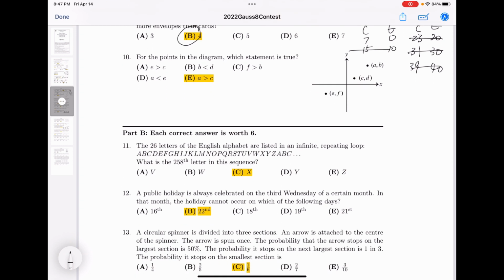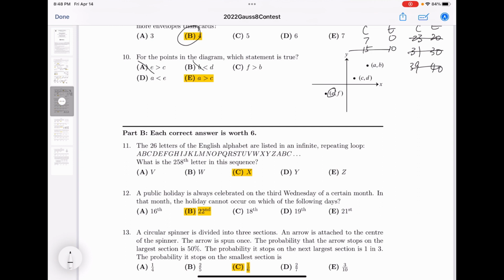Number 10, for the points on the diagram, which statement is true? Okay, let's look at the options one by one. Option A first. Since E is on the left of C, A is not true, and because B is above D, B is also not true.